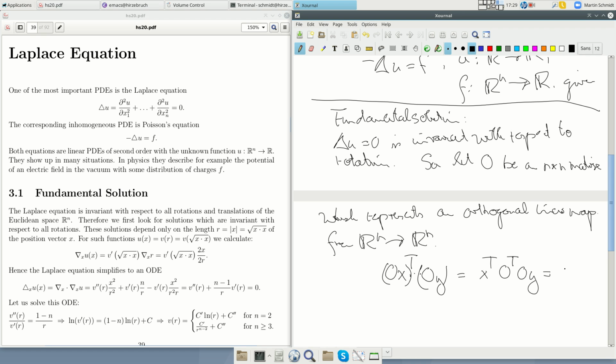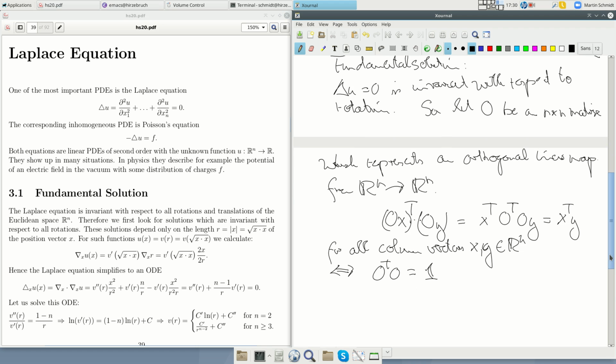And this should be equal to x transposed y for all column vectors x, y in Rn. So this means that O transposed O is the identity matrix.